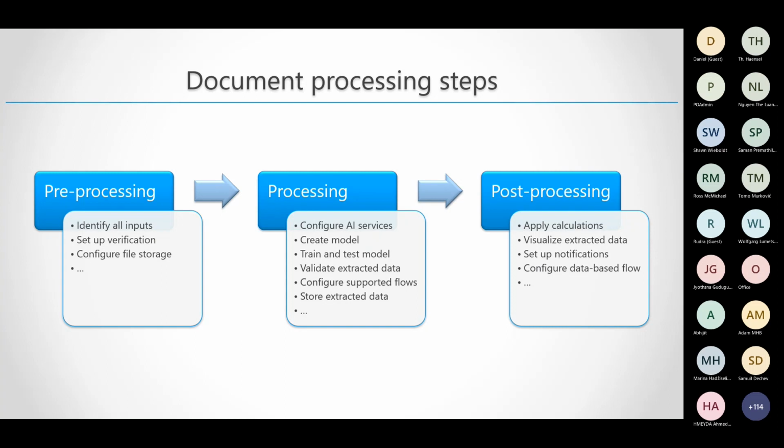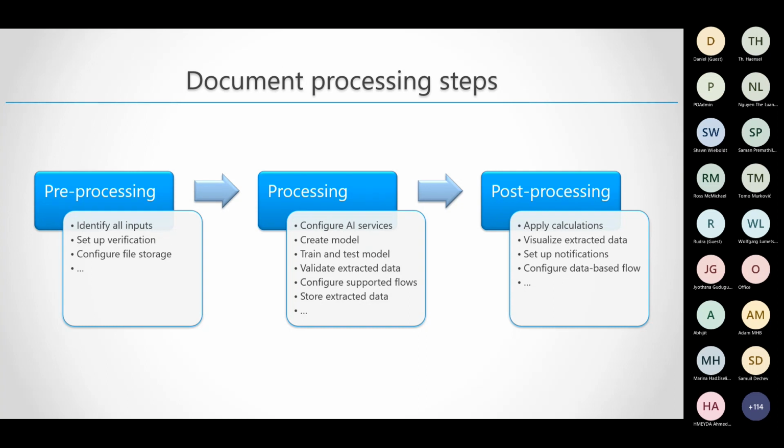Then the main stage is processing. In this stage, you need to identify which tools you are going to use. Today, we are going to talk about Azure Form Recognizer, which is one of the AI services that can help you in these projects. But you can also consider, for example, AI Builder, which is a part of Power Platform, or you can consider Microsoft Syntex if you are going to use SharePoint and would like to process your documents inside of SharePoint, or other tools.